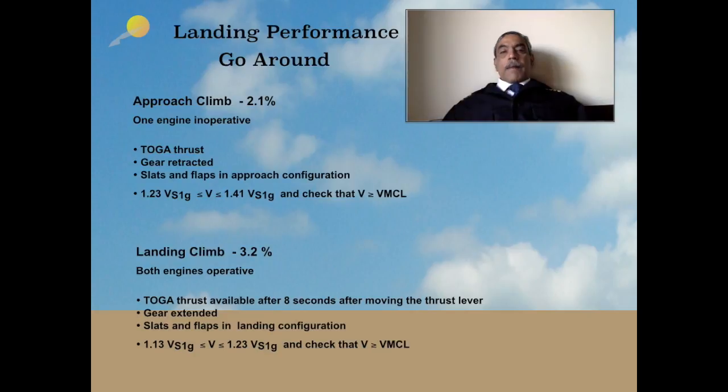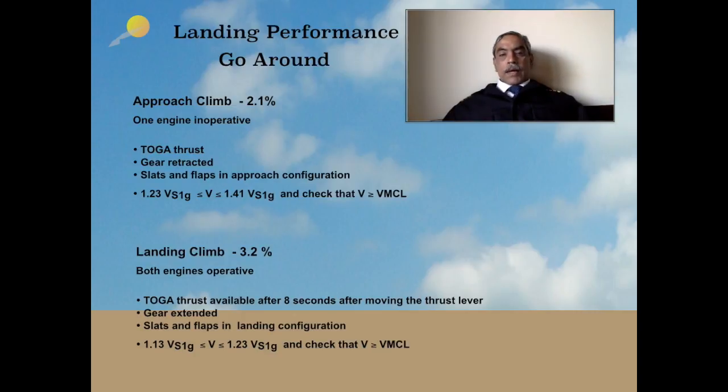But I want you to understand the two conditions, the gear retracted and slat flaps in approach configuration. Therefore, the procedures of the airplane will define in such a way. If you have to go around with one engine inoperative, then the call by the captain will be to open the thrust and go around flaps.